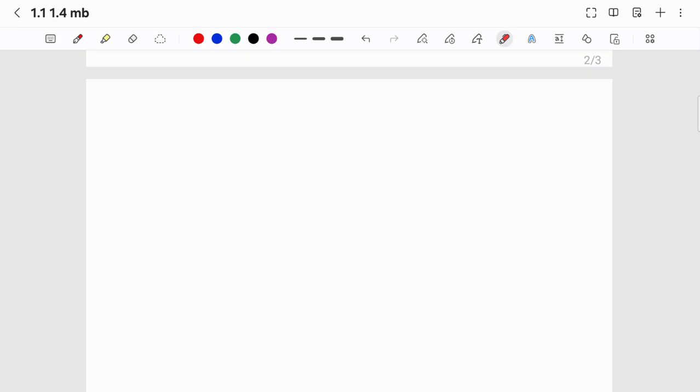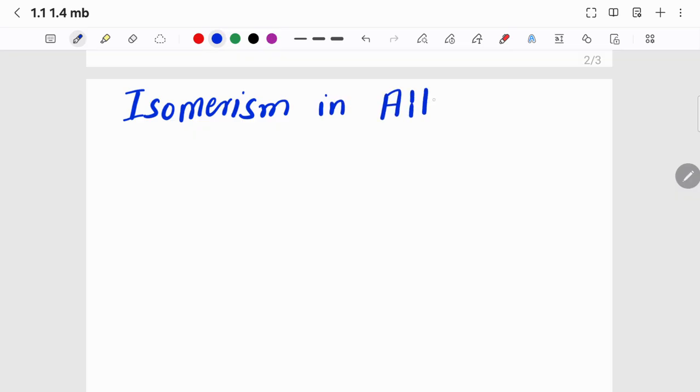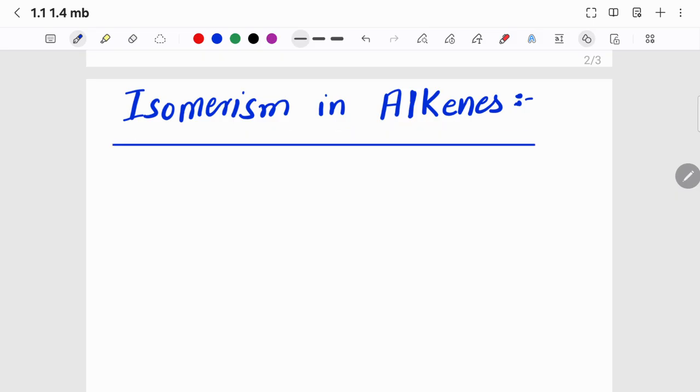Isomerism in alkenes. Alkenes, we know that they have a double bond in between.